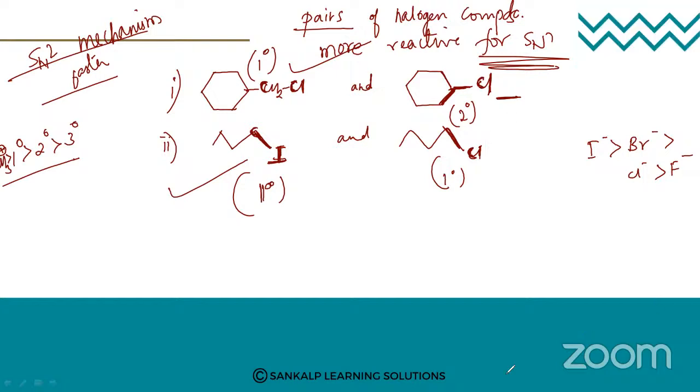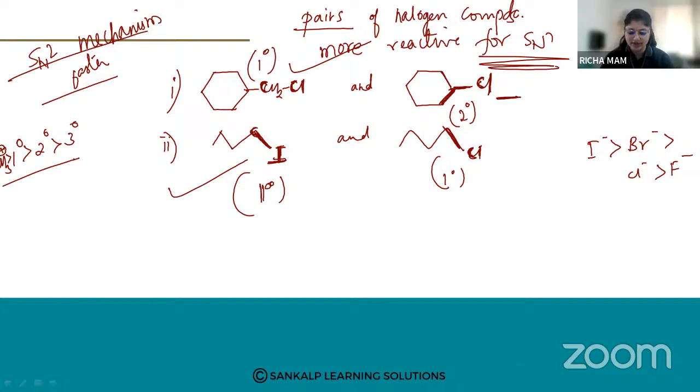Okay, so next we are going to study the stereochemical aspect. This stereochemical aspect, we shall take it in the next class. Any doubts? Others? So next we are going to see the stereochemical aspect. What do you mean by stereochemical aspects?